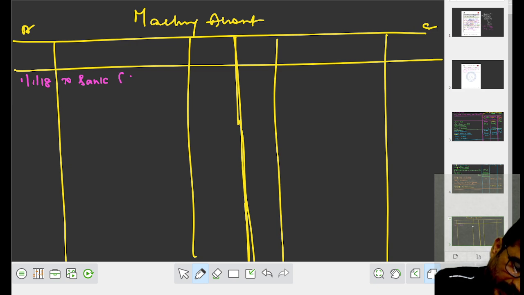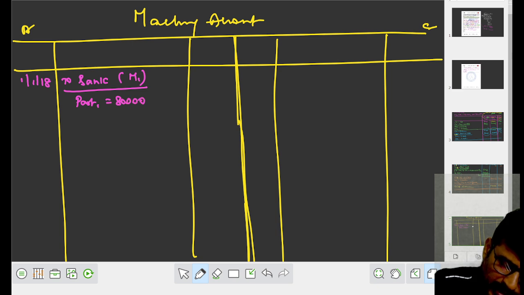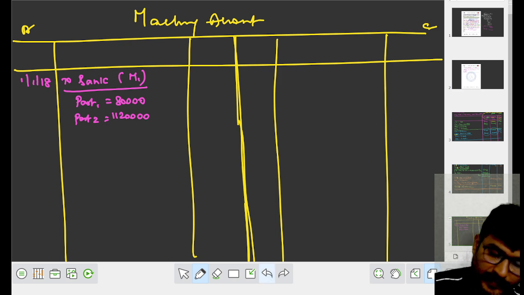To bank, that is machinery 1. Part 1 80,000, part 2 11,20,000. The total comes to an amount of rupees 12 lakh.